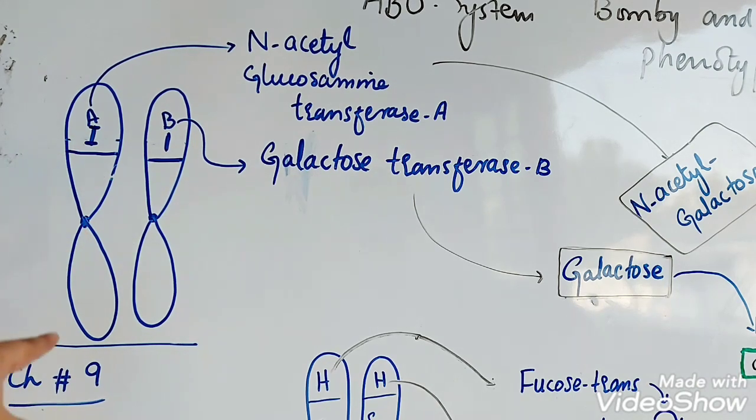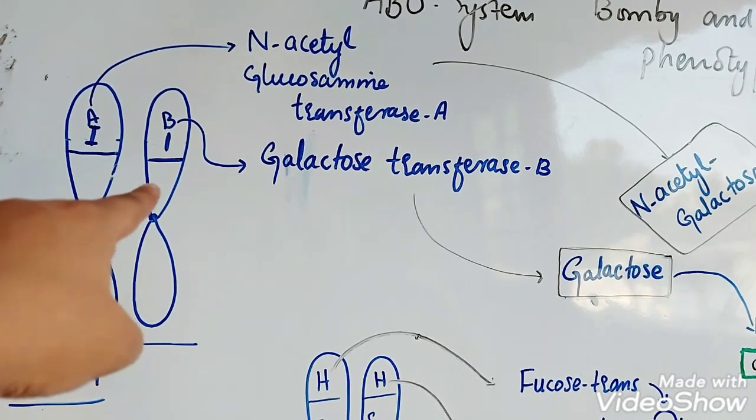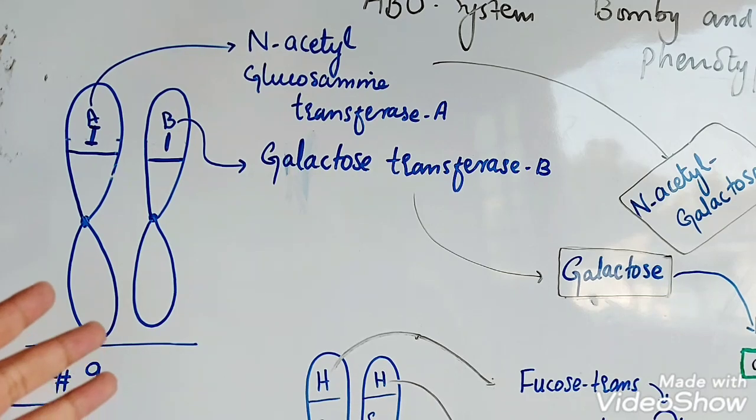This I gene is found on chromosome number 9. Here I took the 2 major alleles of the I gene, allele A and allele B. One we inherit from the mother side and the other from the father side.